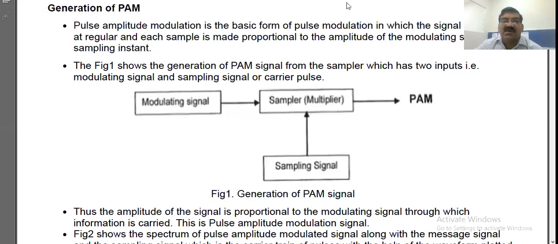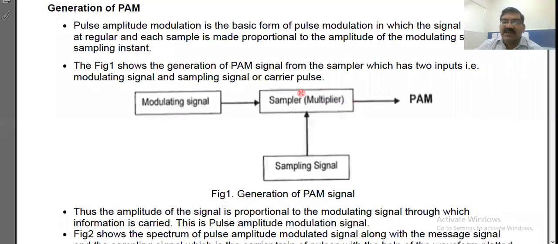So this is your modulating signal. For pulse amplitude modulation, you give the modulating signal, maybe an analog signal. And here, this is simply a multiplier. It multiplies whatever the input is with that. So this is the modulating signal, and it is multiplied here.